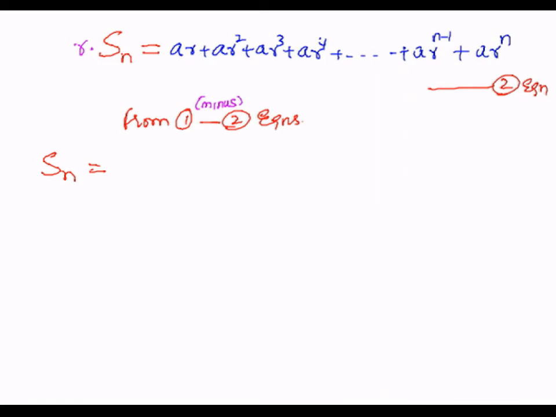So it is a plus ar plus ar square plus ar cube plus ar to the power of 4 plus and so on, plus ar to the power of n minus 2 plus ar to the power of n minus 1, which is the nth term. So this is the first equation.